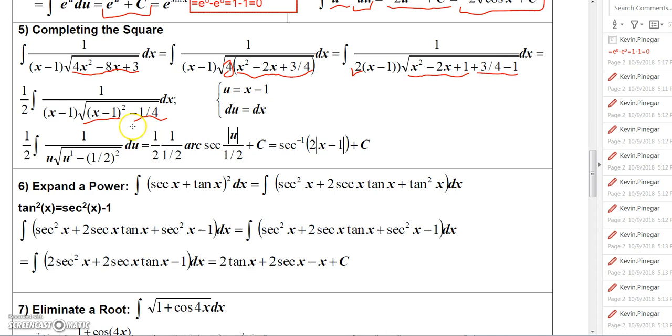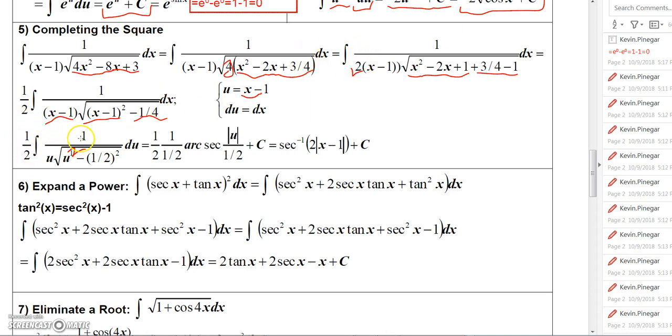So now, if I let u equal x minus 1, then I have 1 over u times the square root of u squared minus 1/2 squared du. That should be a 2 there. So now I have a 1/2. That came from the 2 that I had in the denominator.